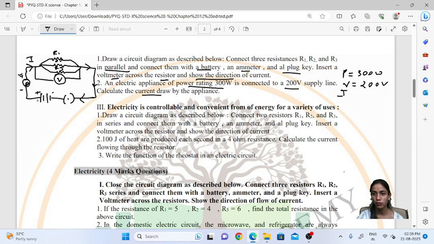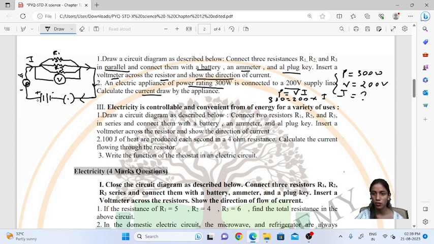So current we have to find. Looking at these three quantities, which formula do we use? We will be using P equals VI. V is given as 200, I we need to find, and P is given as 300.